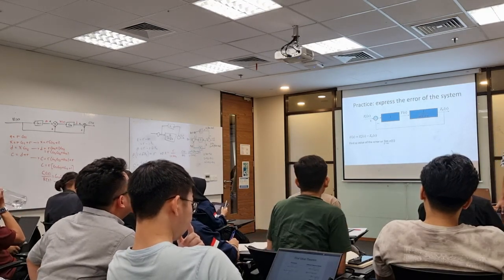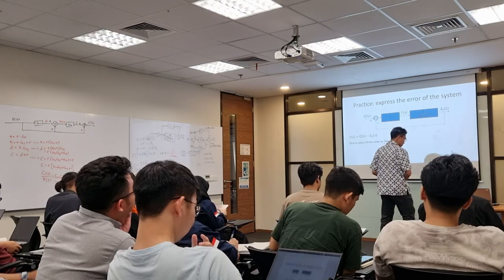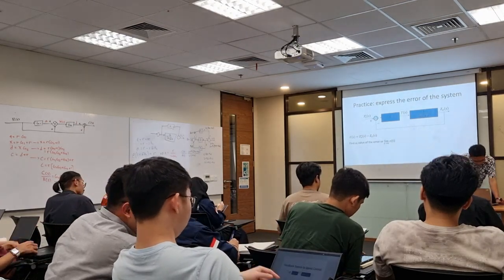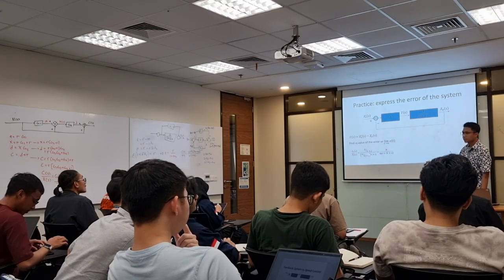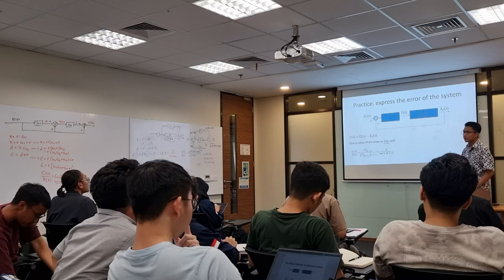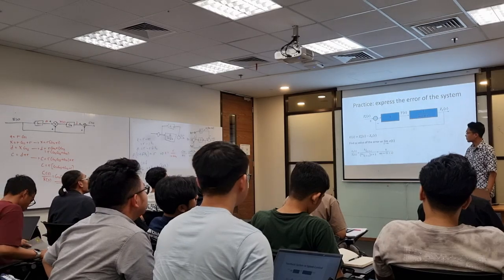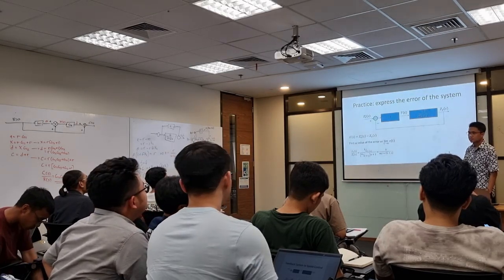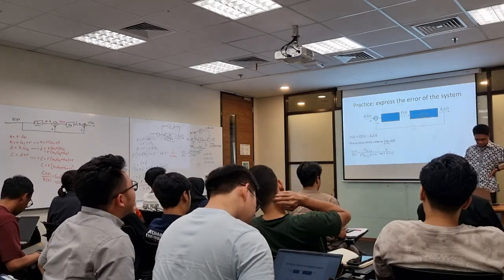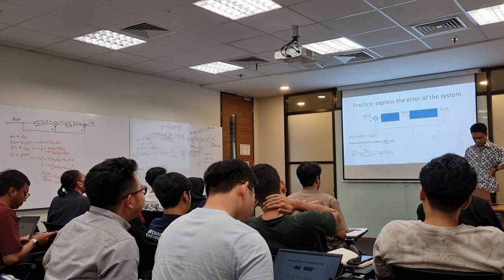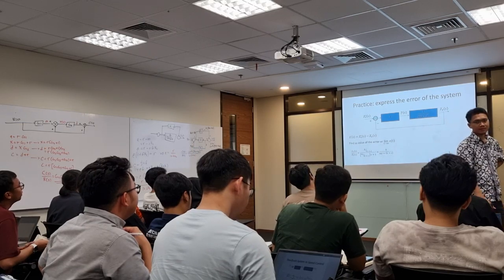So you can use this relationship, because we get this transfer function from our meeting previously. Can you express the error, and then find out the steady state value of the error?